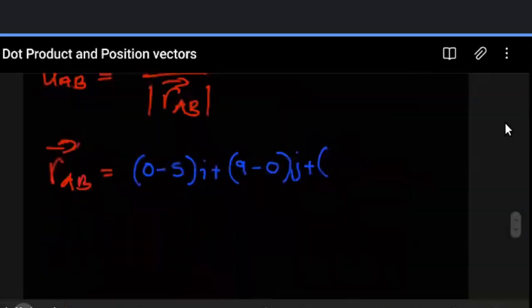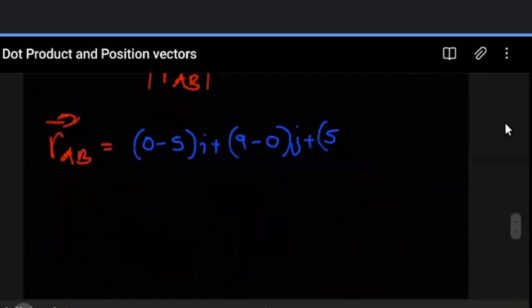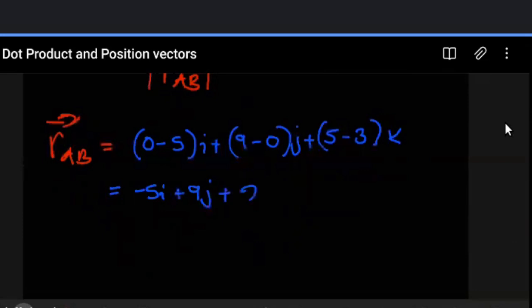So that is where the 5 minus 3 comes in. Okay. So from here, we now have minus 5i plus 9j. Then this is going to give us a plus 2k. So this is our AB.